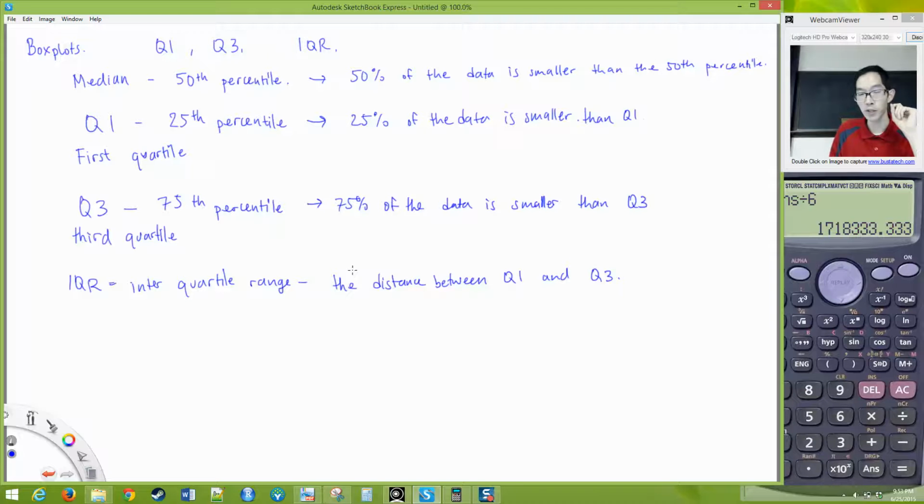And the IQR is the distance from Q1 to Q3, or we can just say IQR equals Q3 minus Q1. And so if the IQR is big, it means the 75th percentile and 25th percentile are very different. If the IQR is small, then that means your 75th percentile and 25th percentile are very similar to one another, okay?